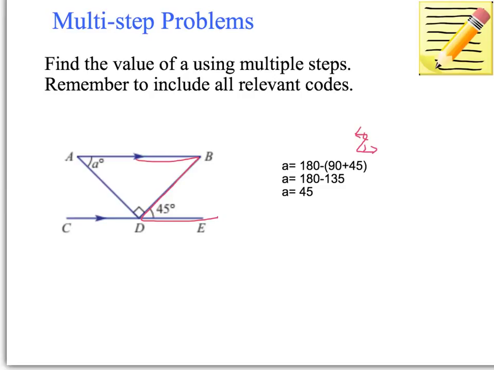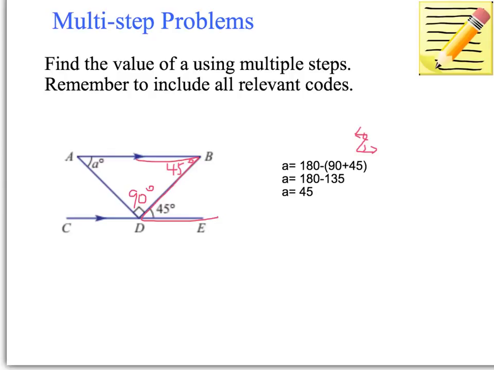So therefore, 45 degrees here is equal to this one here. So this is 45 degrees. And we know that this one is 90 degrees because it has the right angle symbol there. So we know that's 90 degrees.